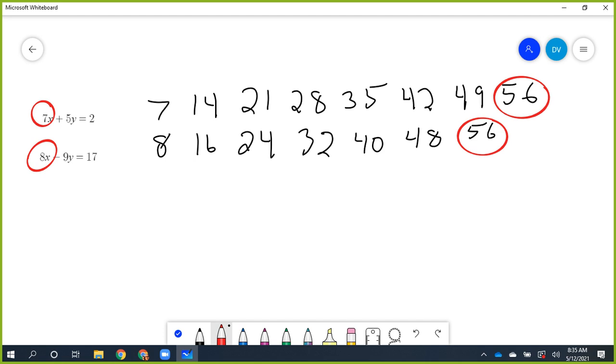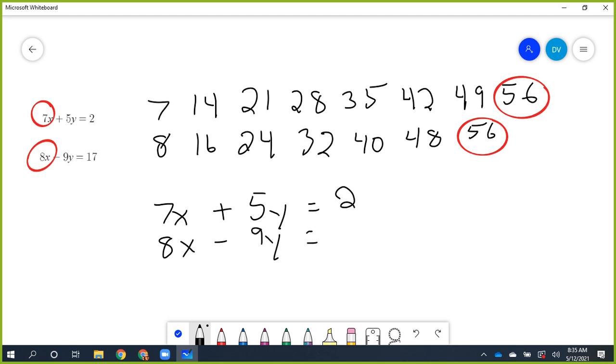So here's what we're going to have to do. Go ahead and write the equations down the way they have them. And 8x minus 9y is equal to 17. All right.